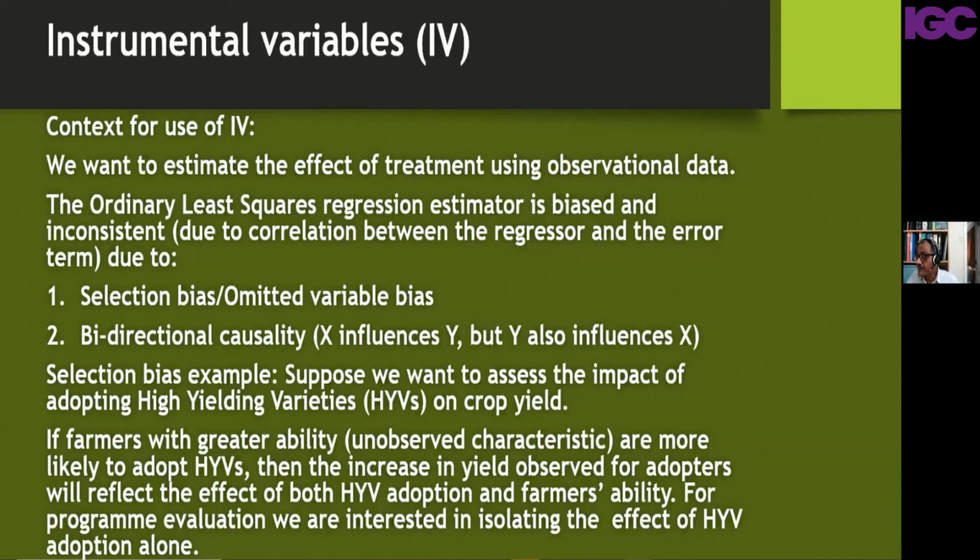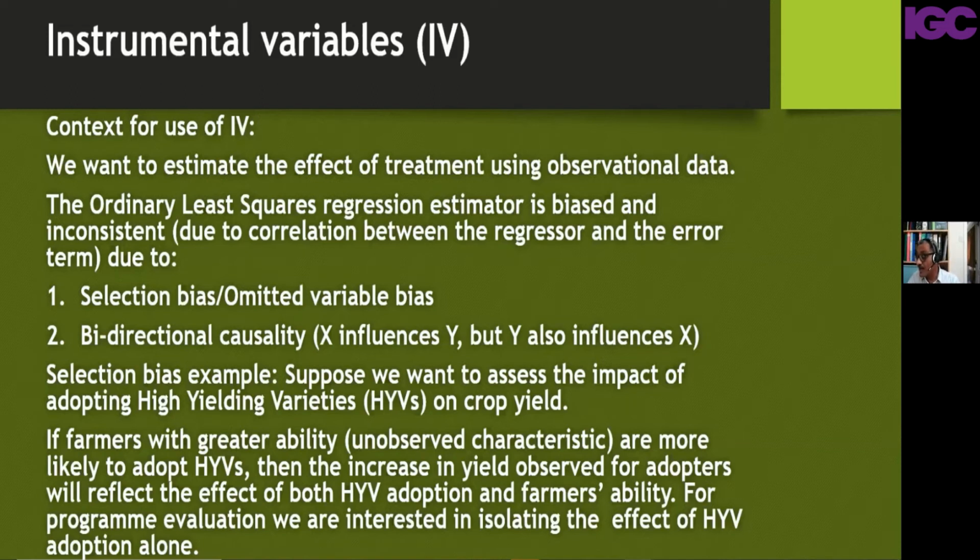So if it is the case that farmers with greater ability, which is an unobserved characteristic, are more likely to adopt high yielding varieties, then the increase in yield which you observe for those who are adopters will reflect the effect both of HYV adoption and the farmer's ability.